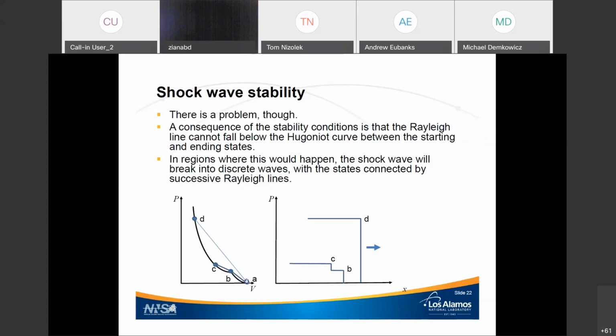You have to take a detour to B and then go to C. And so if you're looking at the profile of a shock wave, pressure versus position, what you'll see is there's a wave running out in front. It's actually running faster. These two waves are not running the same speed. They are in separate waves. That takes you up to this point here, and then a separate shock wave that takes you to the final state.